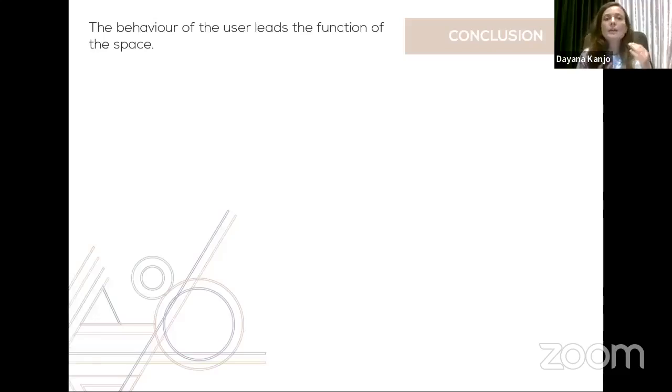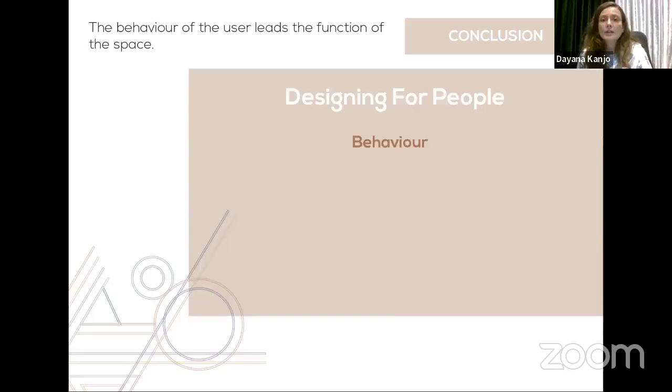And then we talk about how this behavior, and we stress the user's needs, and this is what leads the function of the space. We are designing for people, and it's very important to focus on the behavior and always remember that the behavior is split into the function, the need, what the purpose is, and what the space is divided into, the zoning.